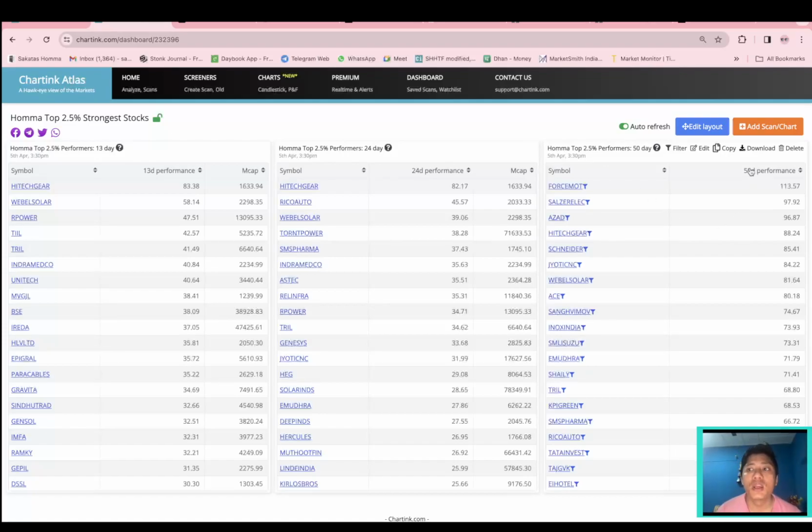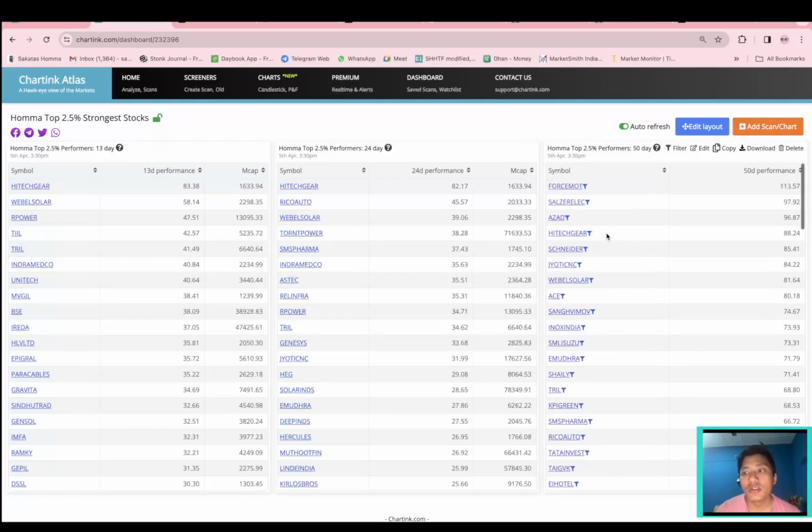The relative strength performance is calculated over the last 50 days. For example, Motors has given a performance of 113% over the last 50 days, followed by Solzer, Azad, and so on.